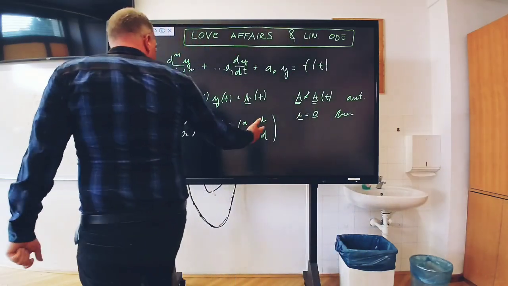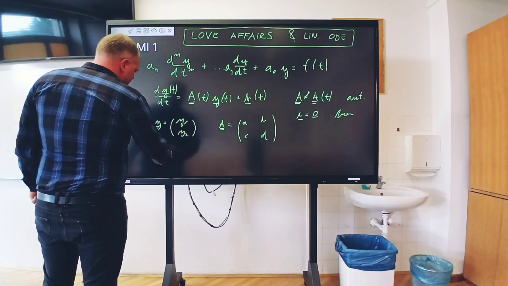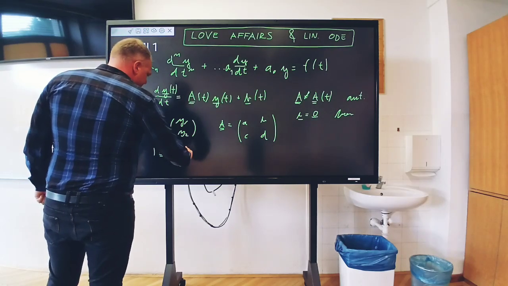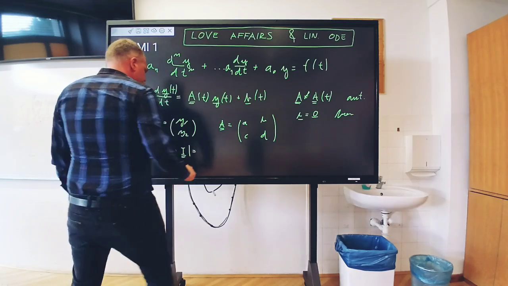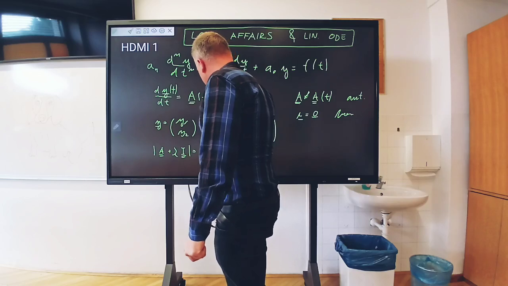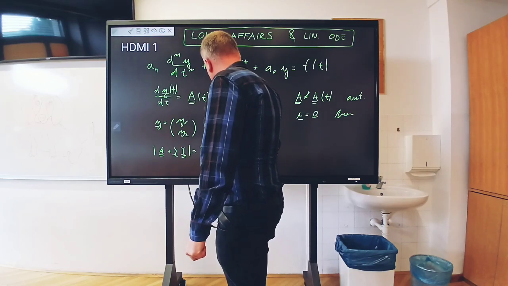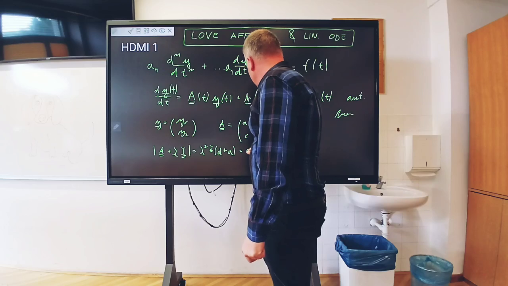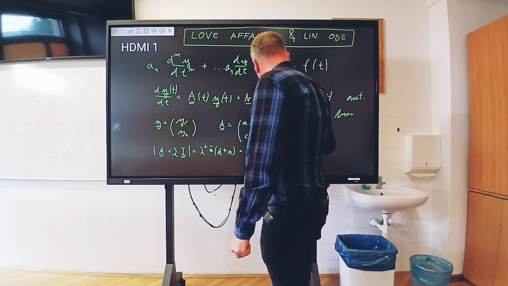And if this is the case, we can solve simply with eigenvalues, and we search for the determinant of A plus some parameter lambda times I, which is the identity matrix, and this in fact is lambda squared plus (D plus A) lambda plus AD minus BC equals 0.